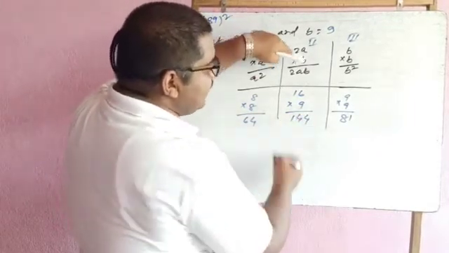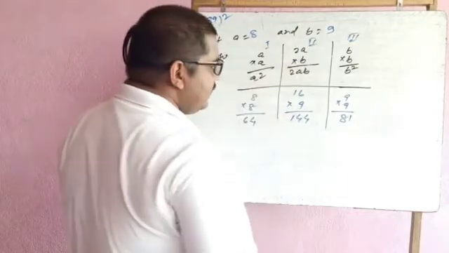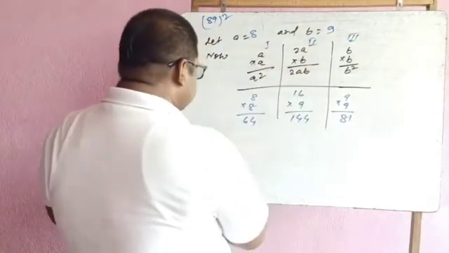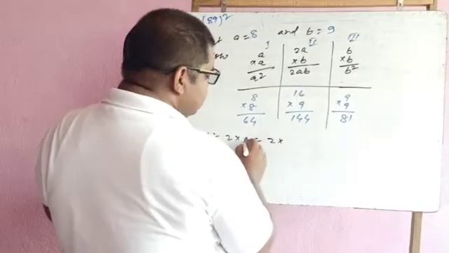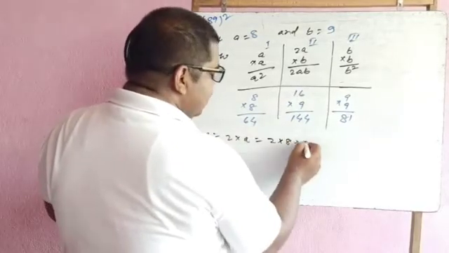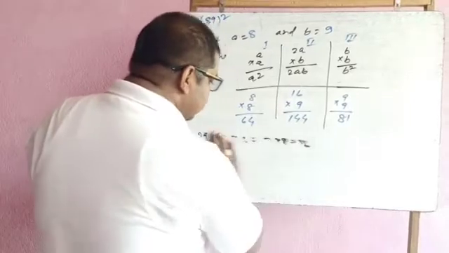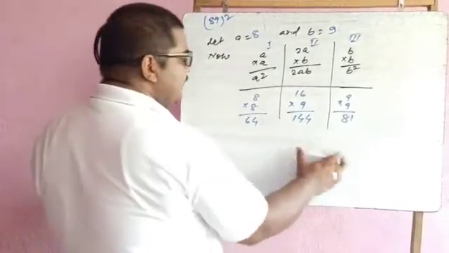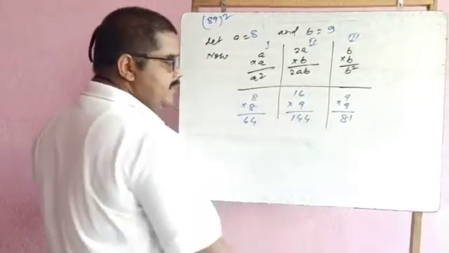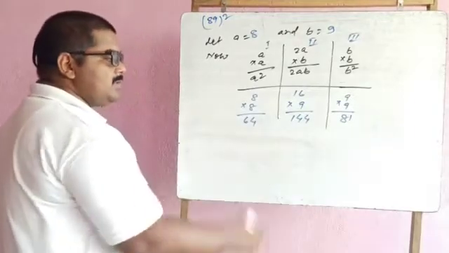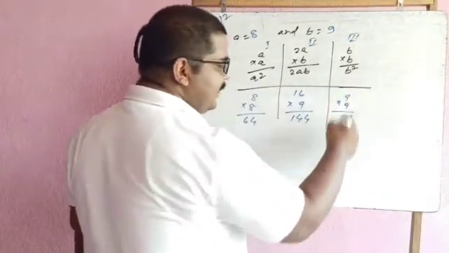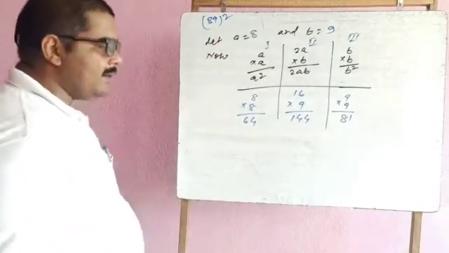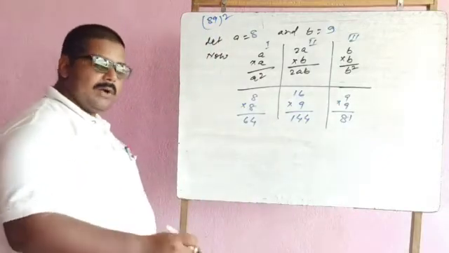Second one is 2A into B, which is 2AB. 2A means 2 into A, and 2 into the value of A, 8, is equal to 16. So here I have written 16, and when multiplied by 9 it is equal to 144. In the third case, B into B, it means 9 into 9, and that is 81.